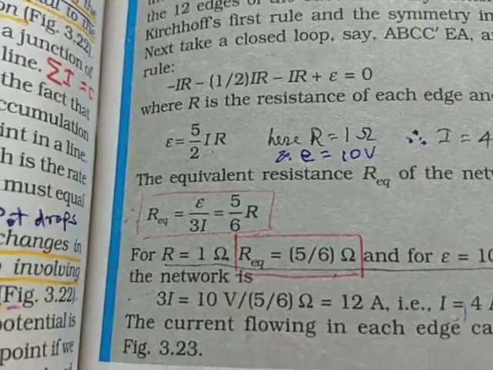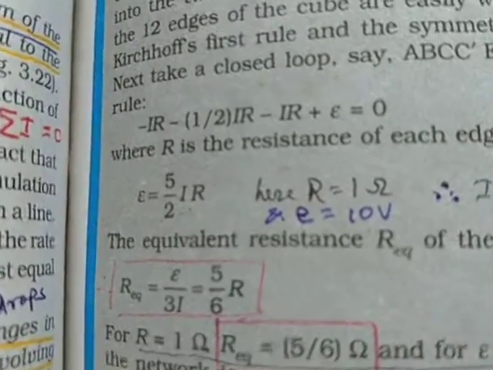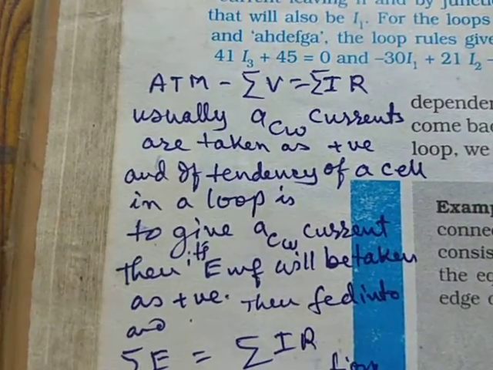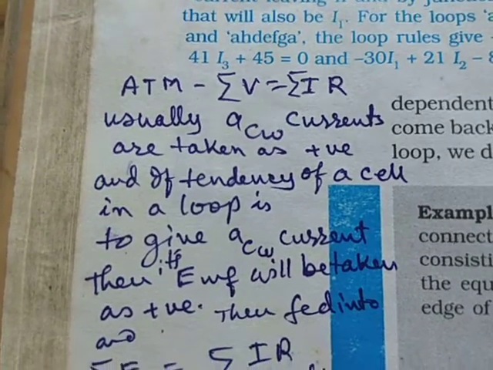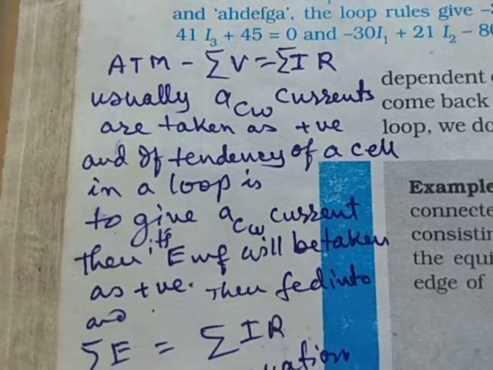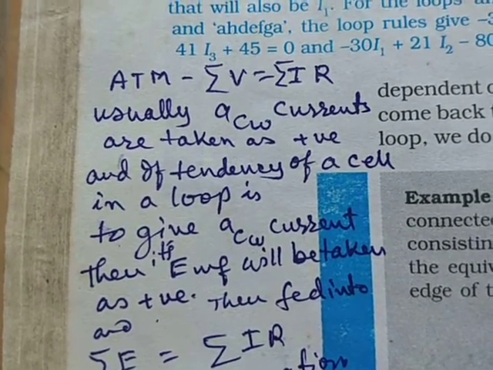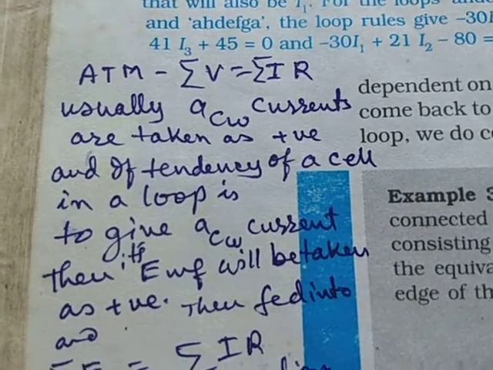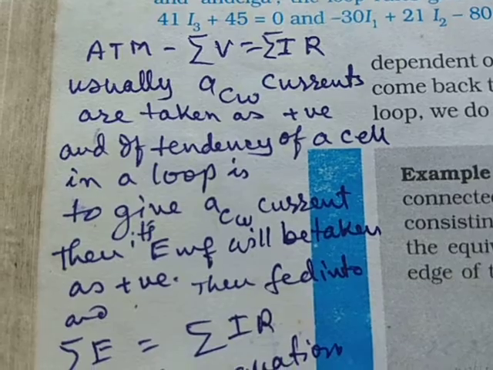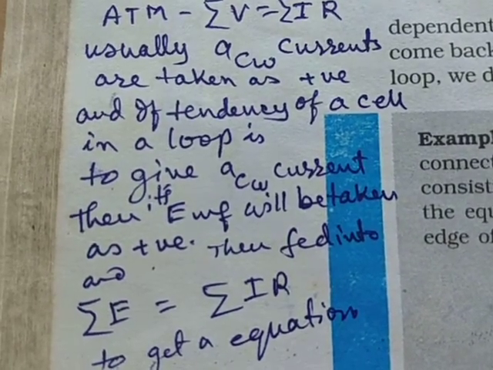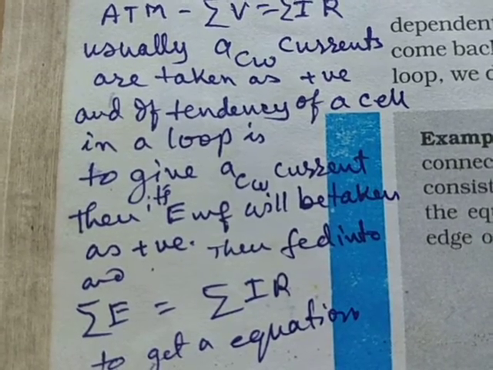Now here, how to construct this equation? Using Kirchhoff's law for any loop, we will always follow this rule. We have V is equal to IR, and therefore the potential applied must be equal to the potential drop across these arms. If we take anti-clockwise current as positive, then we have to stick to it, and in that case the clockwise current will be taken as negative.